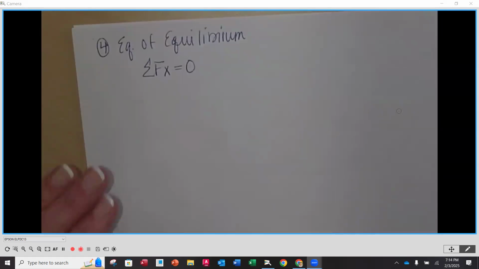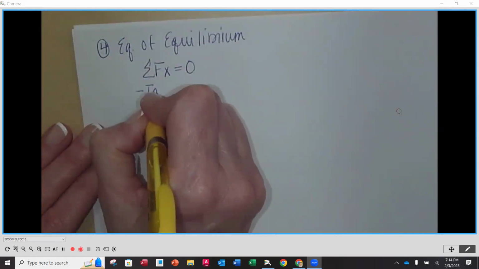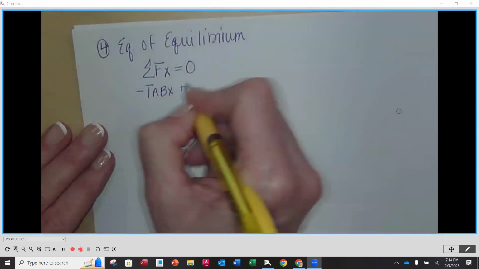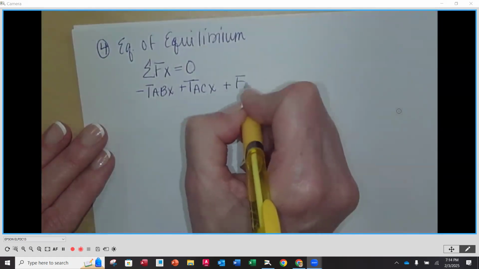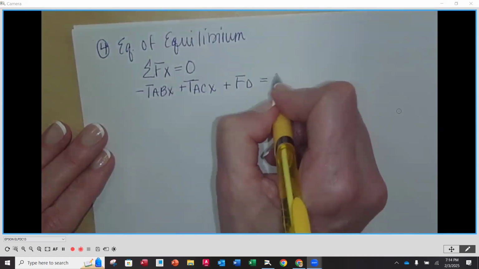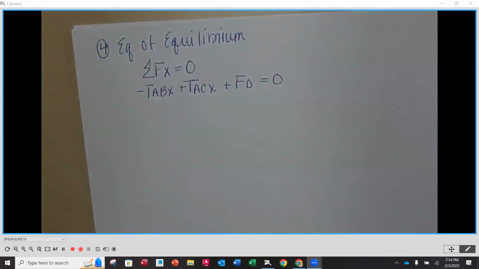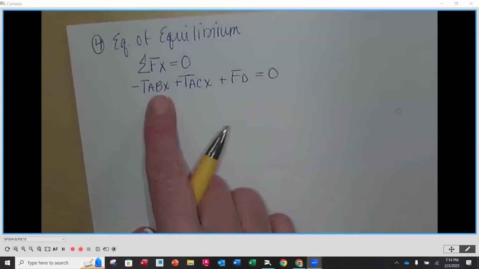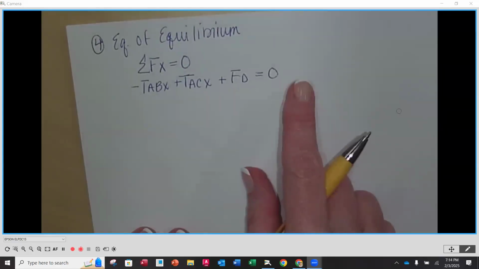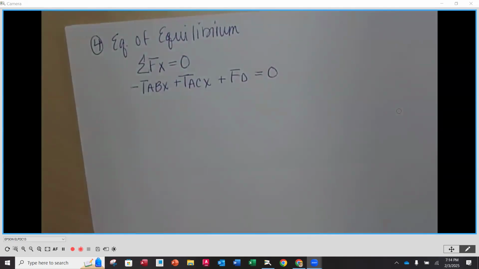So I've got a negative TABX, a positive TACX, and a positive FD equal to 0. Make sure you set these equal to 0 because you're summing the forces in the X direction on the left-hand side of the equation and then setting it equal to 0 on the right-hand side.